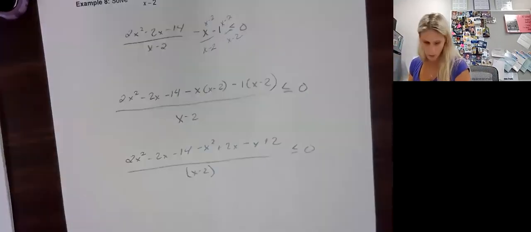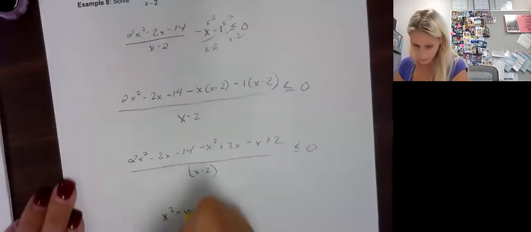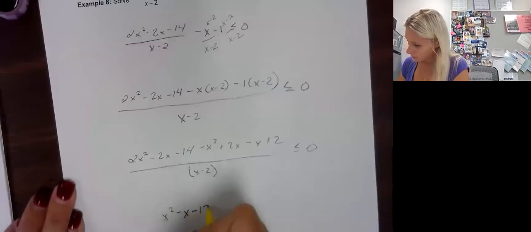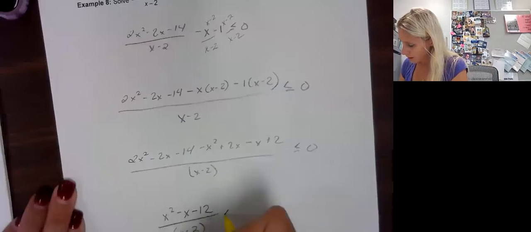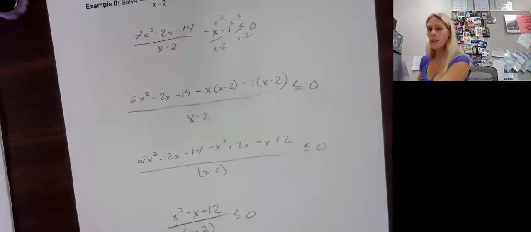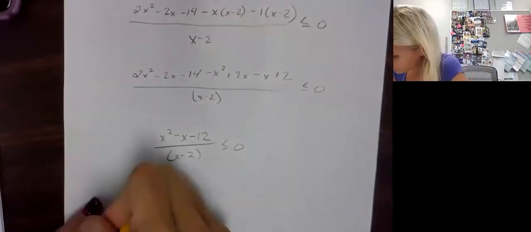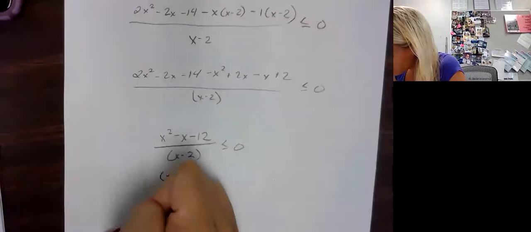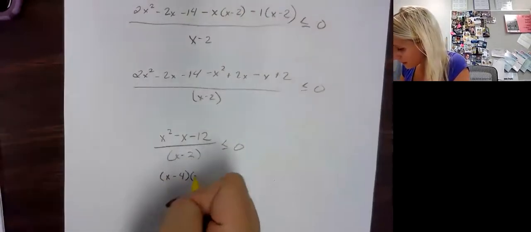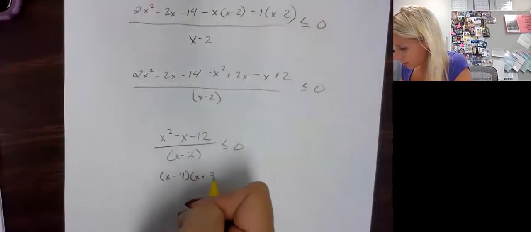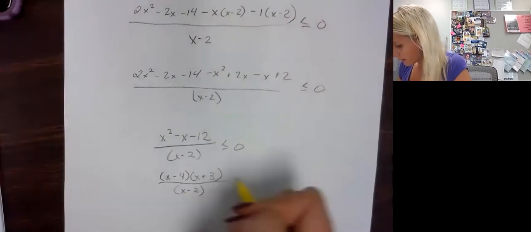Okay, put everything together. We get x squared minus x minus 12 all over x minus 2. Okay, we simplified all the ways, so now let's factor. That's going to be x minus 4 times x plus 3 over x minus 2 less than or equal to 0.